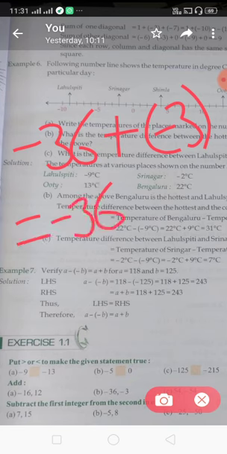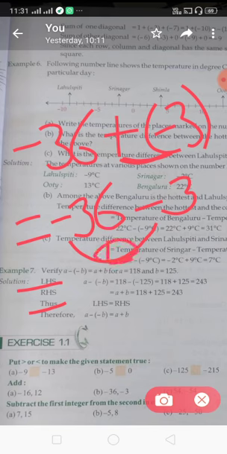Minus 36 plus into minus, both signs here, there is no division between them. It means what you will do, just multiply plus into minus, what will you get? Minus 3. Now you notice that both have the same sign. If both have the same sign, then these are like. If these are like, then you add it. Minus 39.